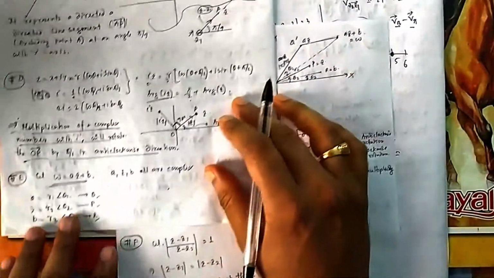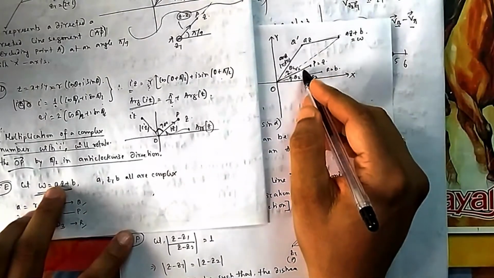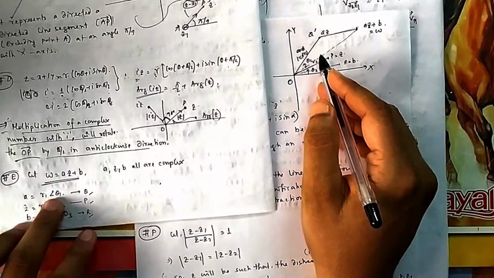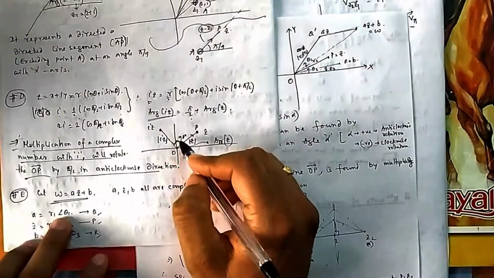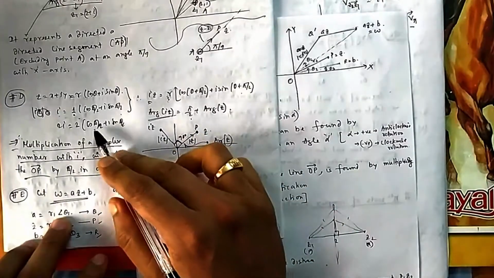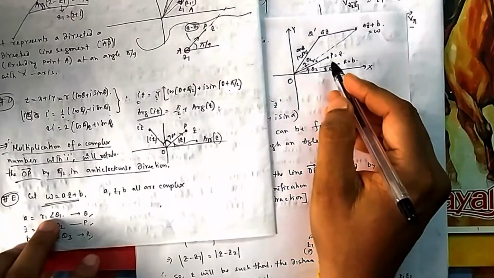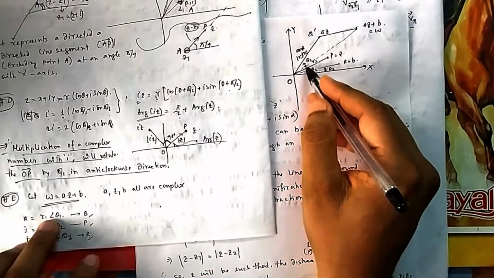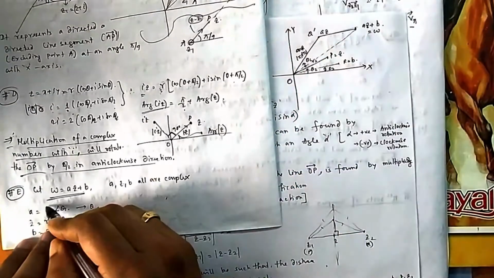Suppose you have a point P representing Z. Now you are multiplying by A, so what will happen? Z will rotate by an angle of, what is the angle of A? Theta 1. So it will rotate by theta 1, just like when you multiply by i, it rotates by 90 degrees because the angle of i was 90 degrees, pi by 2. Then it will be scaled up or scaled down depending on the value of R1.